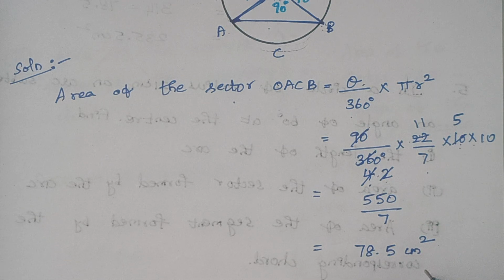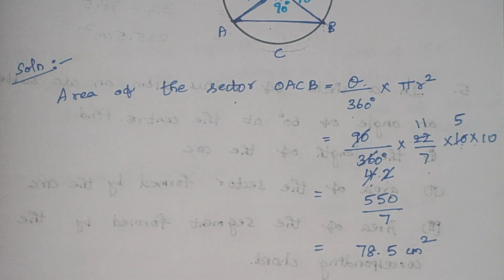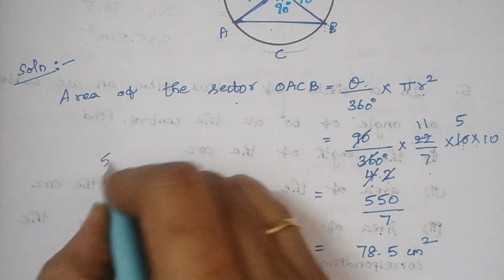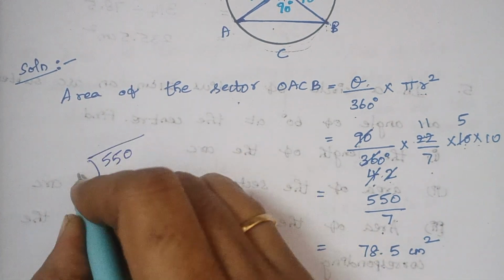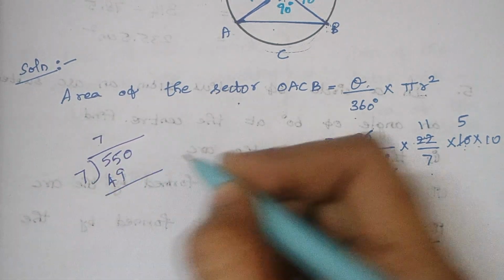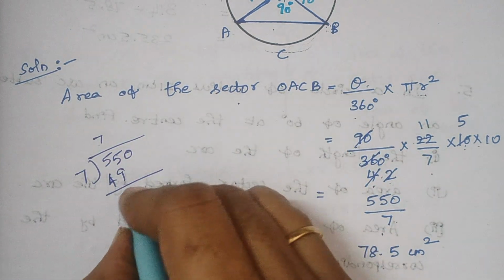For this type of problem, you always have a rough page to solve this. 550 divided by 7, I believe you know how to solve. Anyway, let me solve and show you. 7 7s are 49, so the remainder is 6.